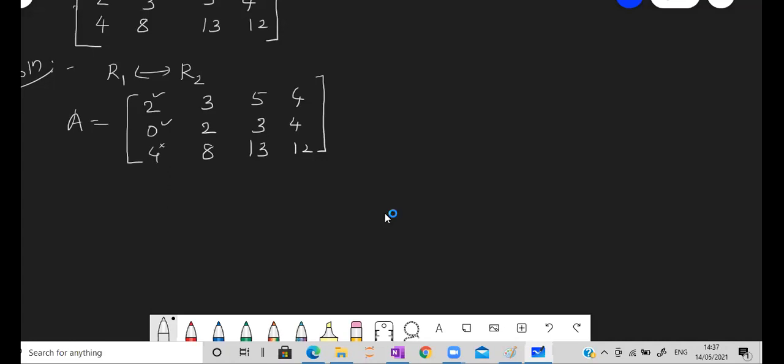The operation for the third row is R3 minus, you want to reduce 4 to 0 with the help of 2. This 2 is lying in which row? R1, the first row. In these two, what is common? 2. You can take 2 common and cancel it. So, dividing by 2, this is R3 minus 2R1.